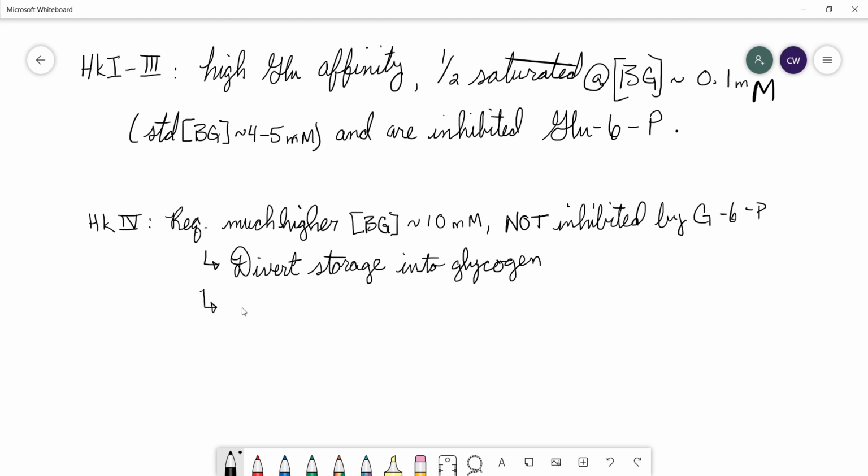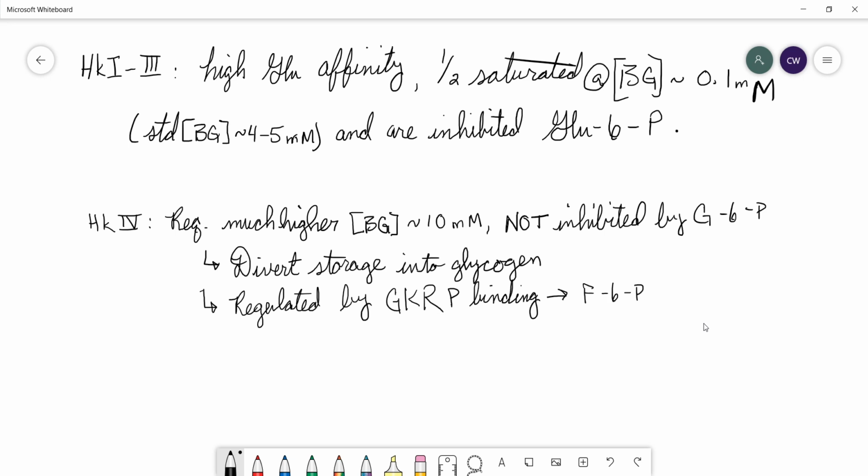It is regulated by, I believe, glucokinase regulatory protein. And that protein is sensitive to fructose 6-phosphate levels.